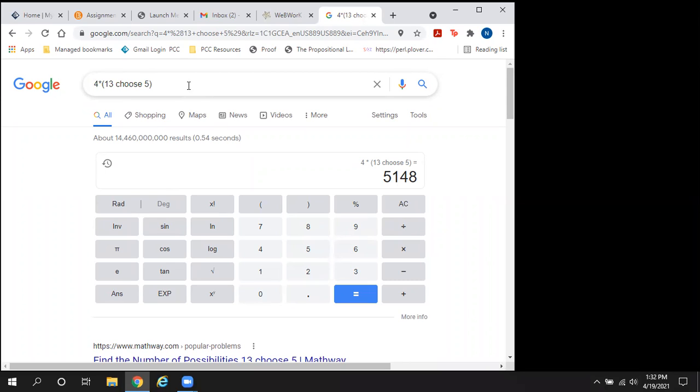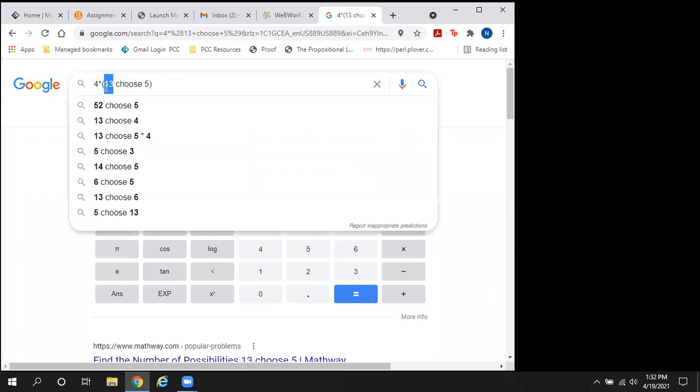Any ideas? So here you have 13 cards in that suit that you've chosen, and you're picking 5 of them because you have 5 cards in your hand, right? So first you pick your suit. There's 4 options. Then of the 13 cards in that suit, you pick 5 of them.